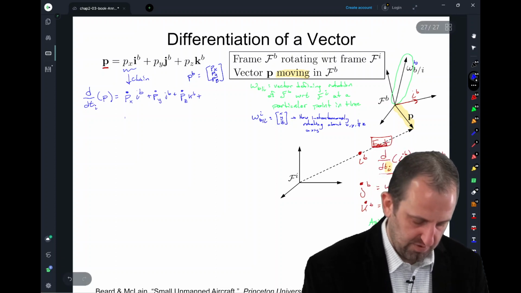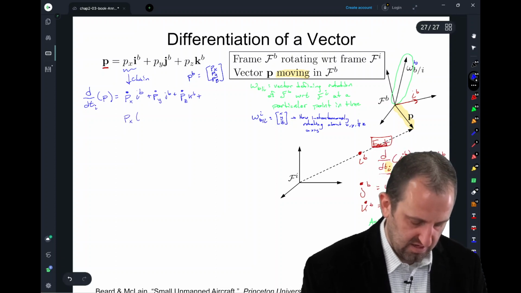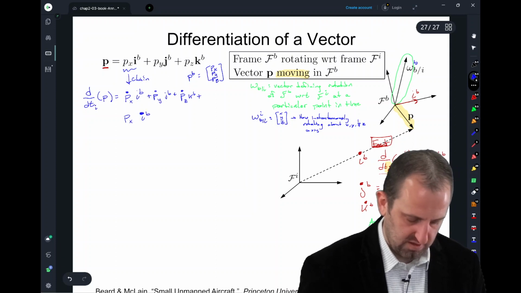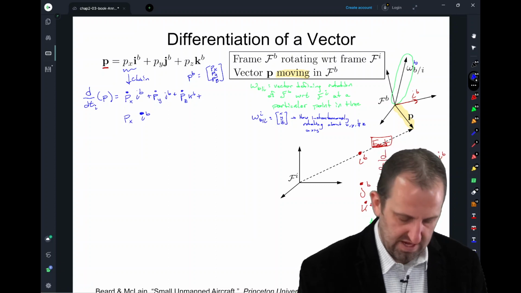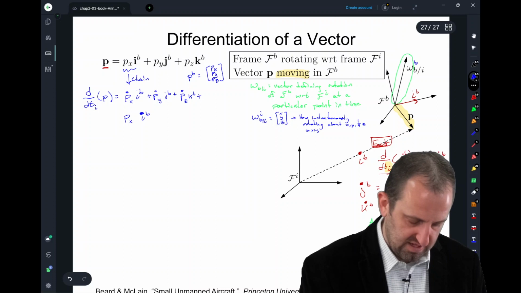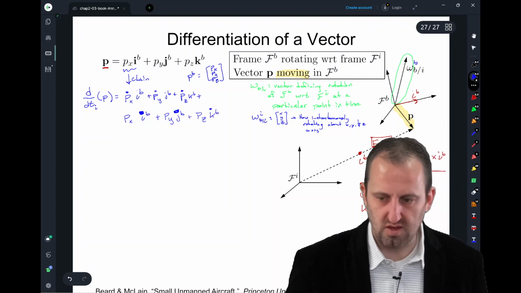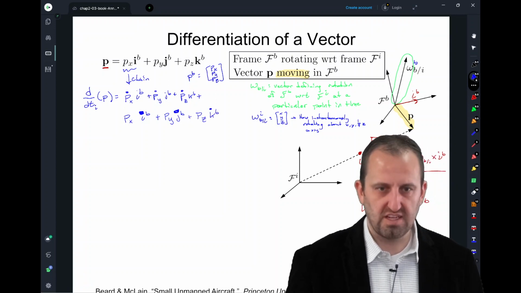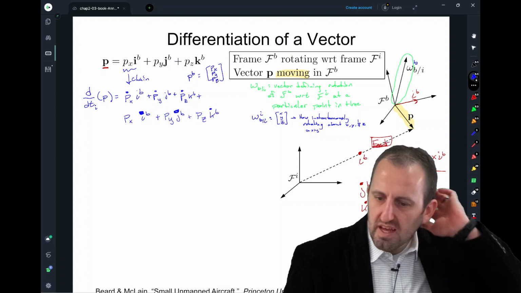So we're going to get plus Px IB dot, plus Py JB dot, plus Pz KB dot, where this is the big dot to note that it's the time derivative. Okay, so all we've done is look at the chain rule.